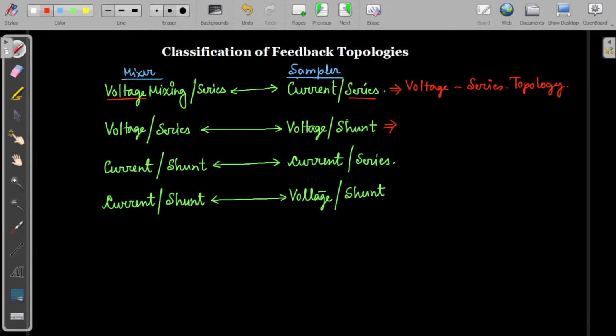The third one, what will it be? Current series topology. Okay, so in this way there are four types of feedback connections or feedback topologies.